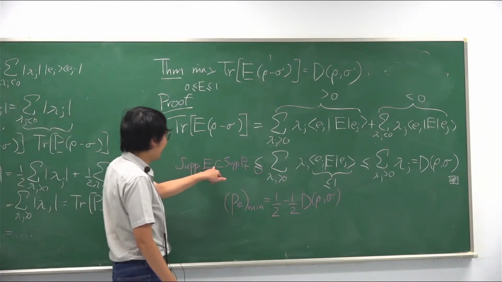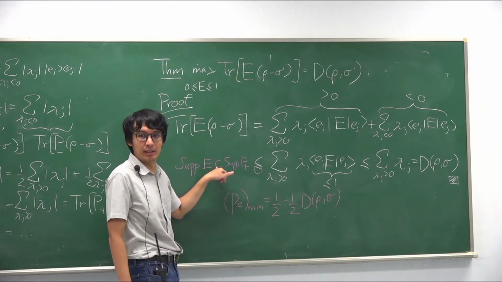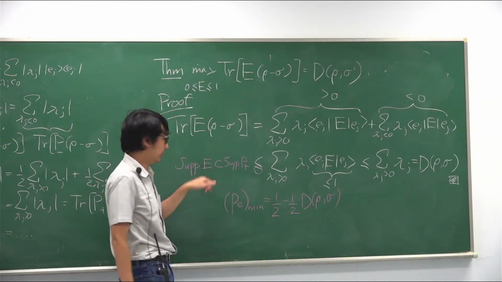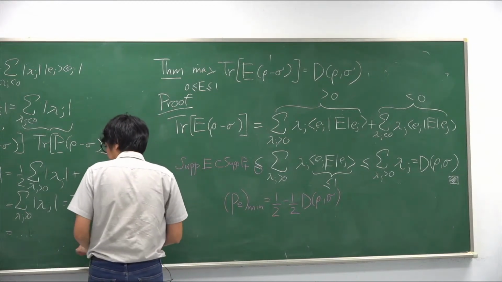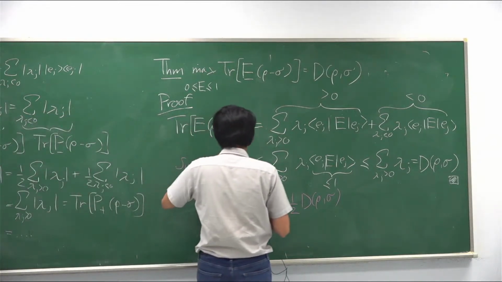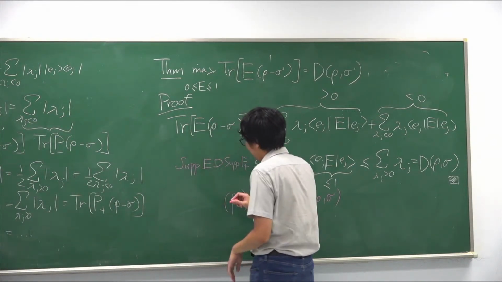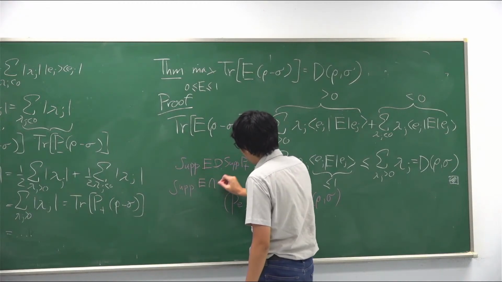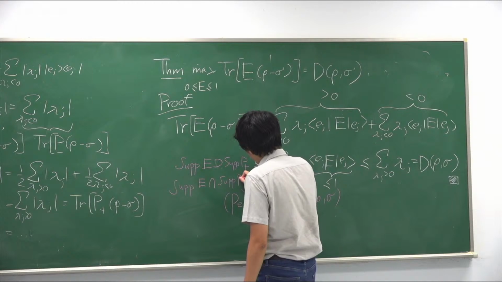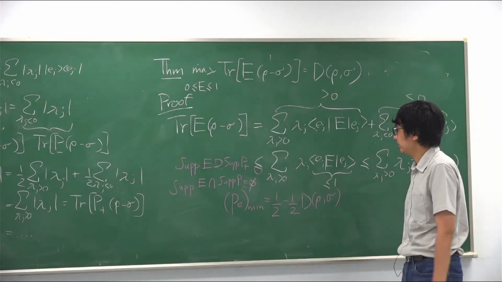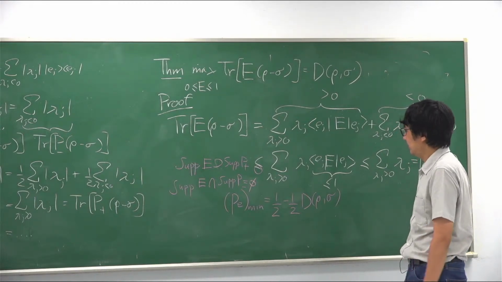Yeah, it can be larger than P plus, but it should not overlap with the support of P minus. Maybe we should do this, but I don't know.